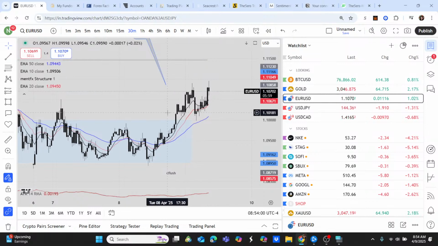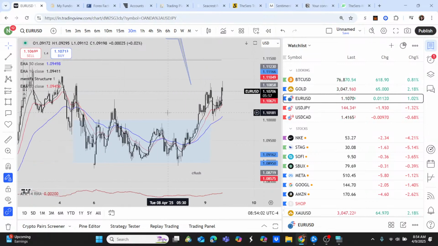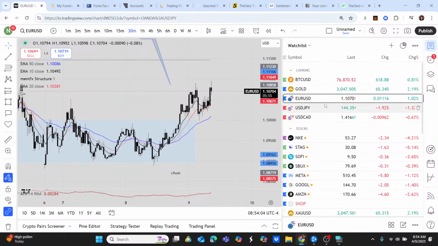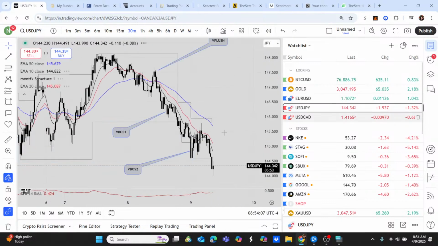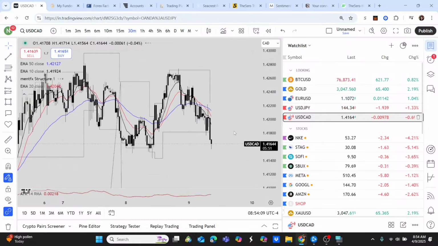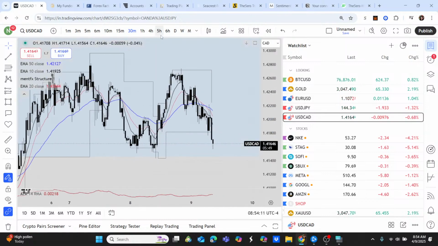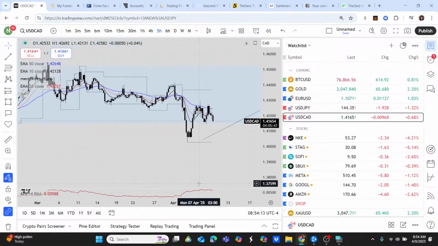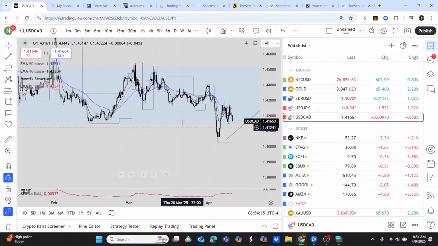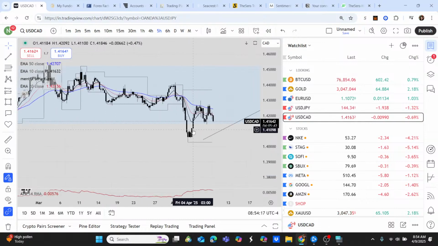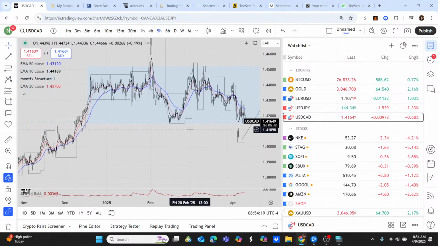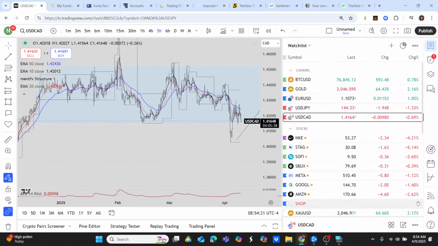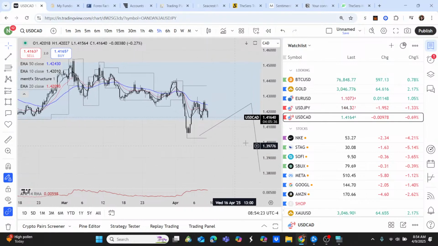Honestly, there would be better things to trade. USD CAD looks like it's still in a range that I drew out. I want a clean breakout of that area before I look for anything.